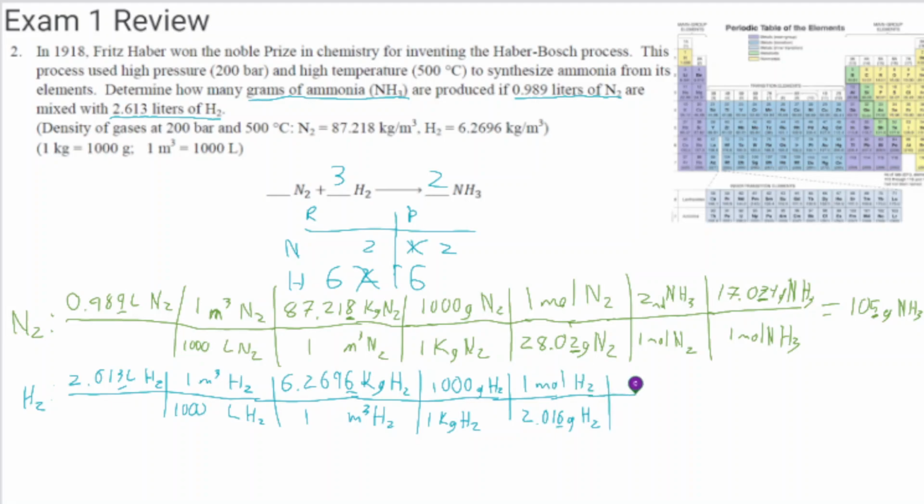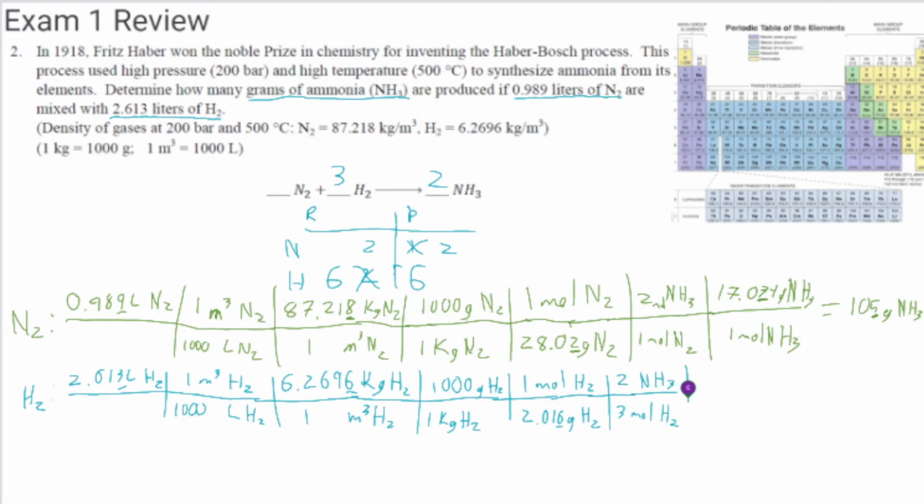Now that we're in moles, we can use our chemical equation. And so when we look at our chemical equation, the coefficient in front of the H2 is a 3. So we're going to say 3 moles of H2 for every 2 moles of ammonia. So we got 3 moles of H2 on bottom, so our units cancel out, for every 2 moles of NH3.